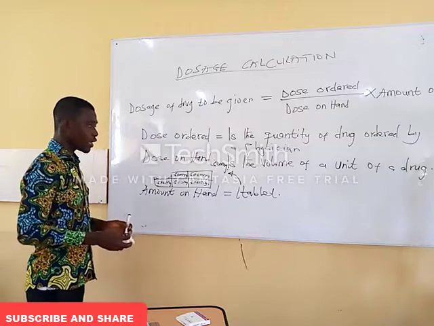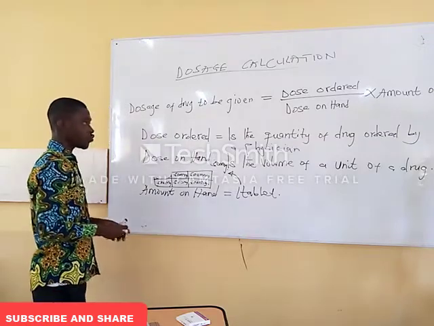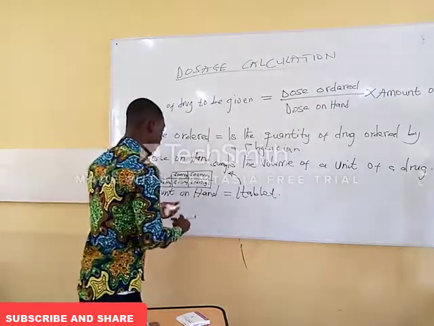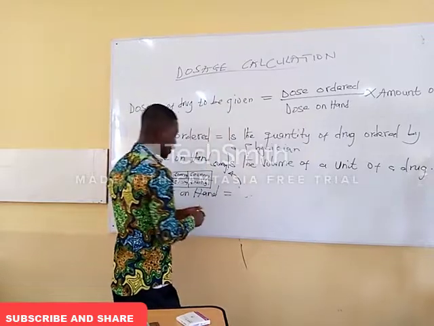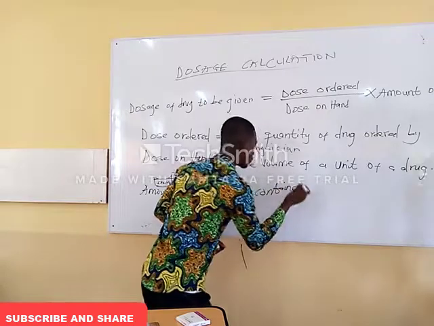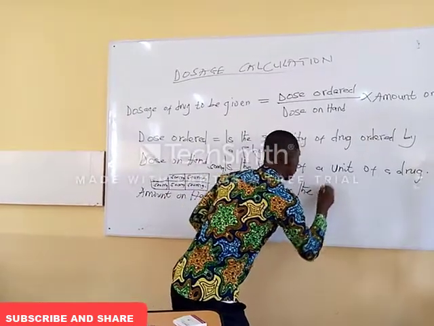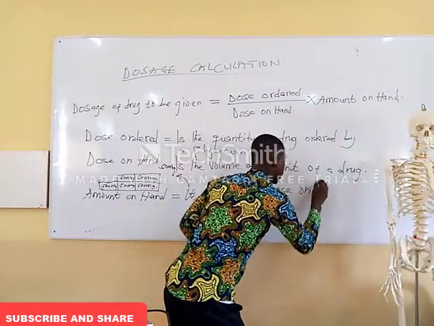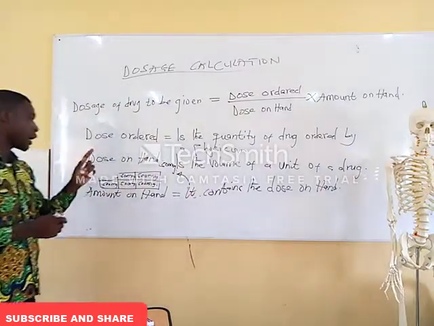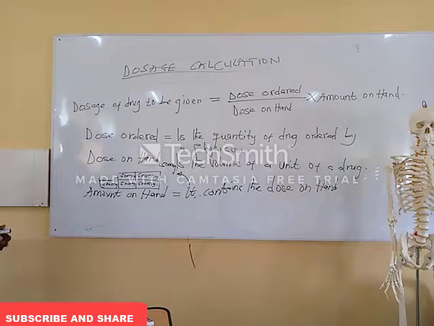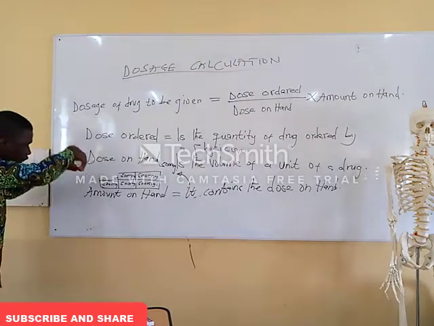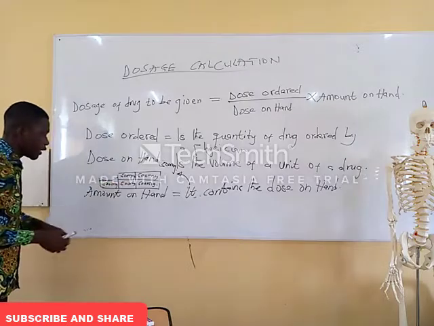So let's take a question and try to fix the values in the formula. The amount on hand contains the dose on hand. It is like this: this one is fused into the amount on hand.